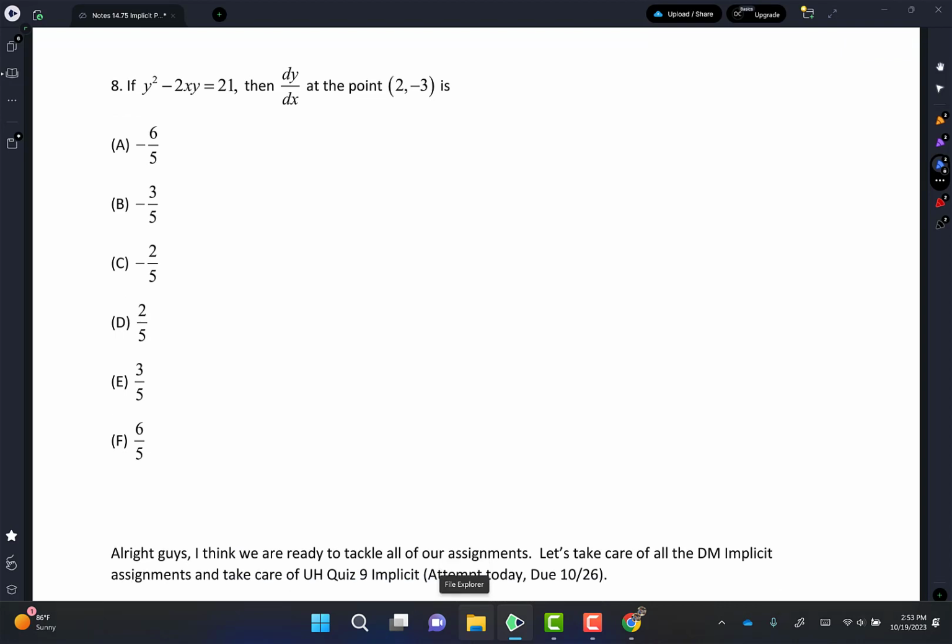If y squared minus 2xy equals 21, then find dy dx at the point (2, -3). So here we go. I need to find a derivative. And I'm going to plug in that coordinate once I find my derivative. So what's the derivative of y squared? 2y. Perfect. And then I'm going to group. It's up to you how you want to do it.